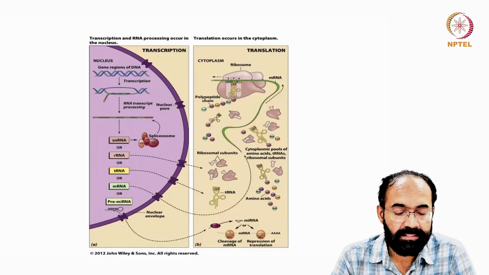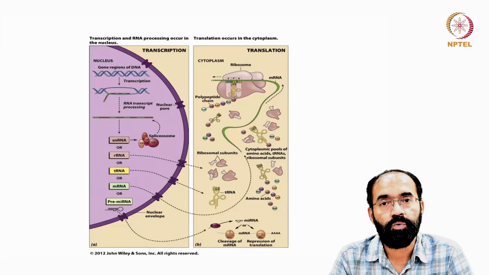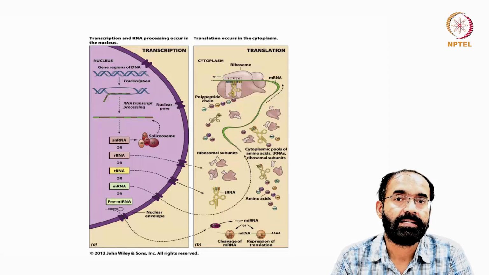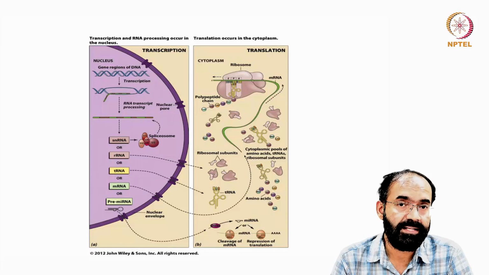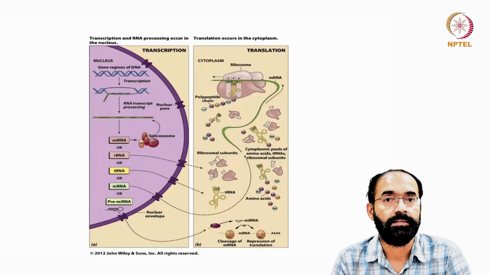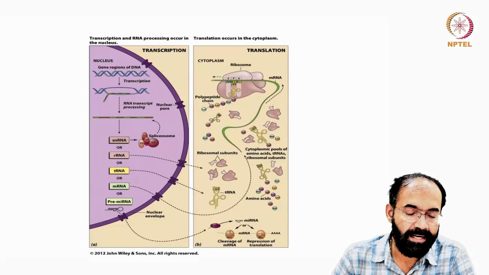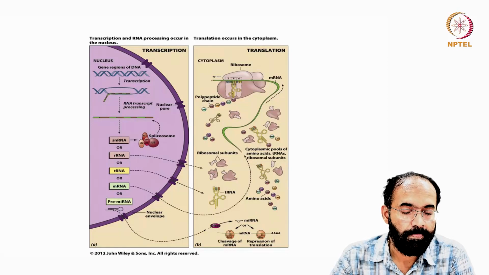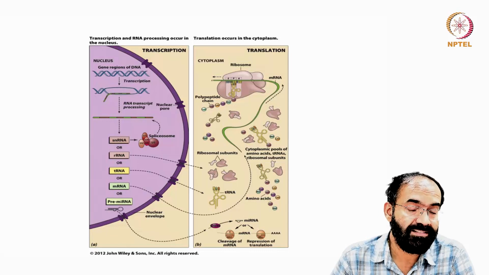And the transcription takes place in the nucleus. In a eukaryote, there is always a clear-cut nucleus that demarcates the genetic material from the rest of the environment, that is the cytoplasm. In the nucleus, you have a double-stranded DNA, with one of the strands acting as a template strand, and this is a complementary strand or antisense strand to the top existing sense strand.